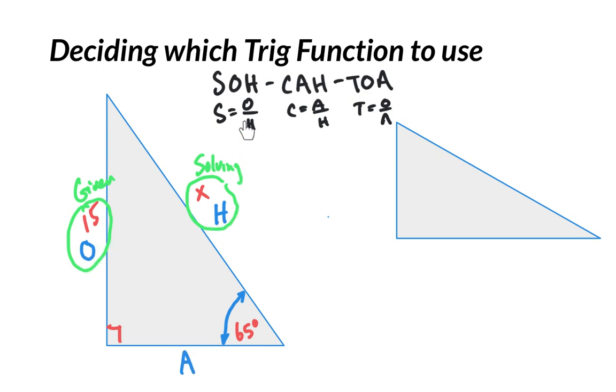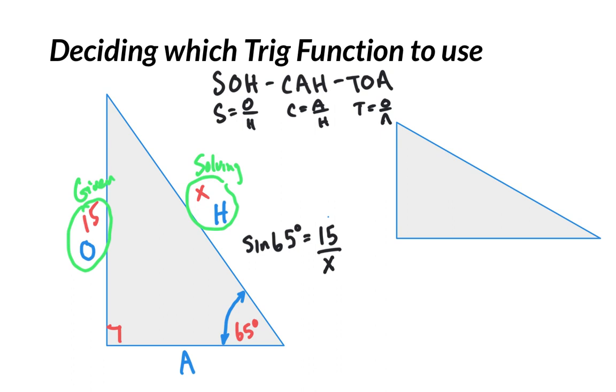So you go to the one that has O and H in it, sine. So we will write that the sine of 65 degrees is equal to opposite over hypotenuse, like that. In a later video, I'll show you the last step. I just wanted to set up the problems in this.